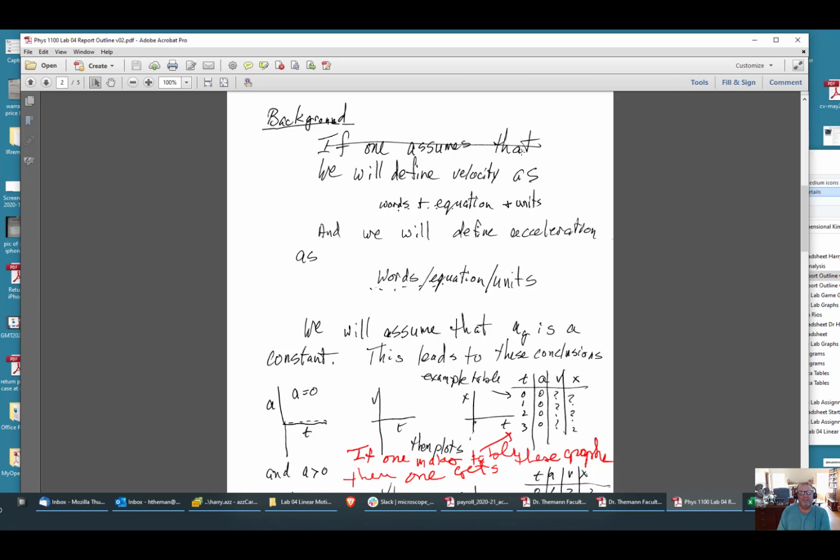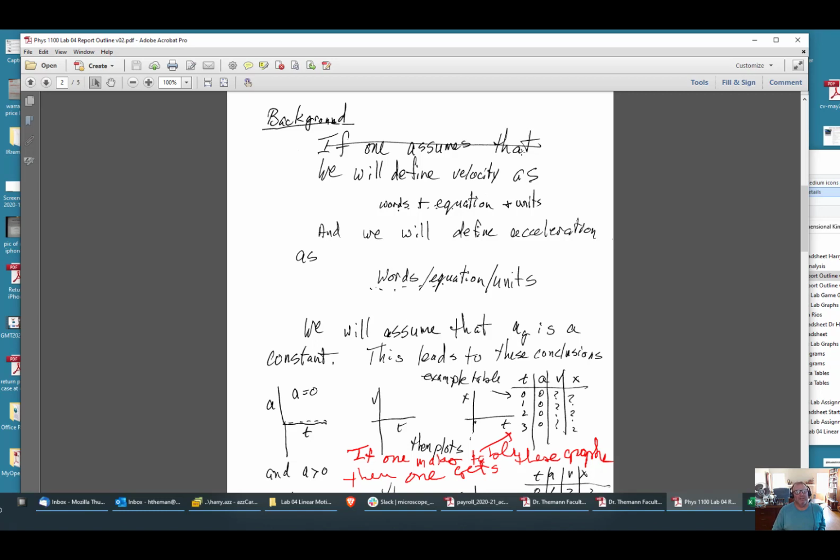Okay, so this is where you say, all right, we will define velocity. What is this? Velocity is meters per second, right? Let's think about what I had in mind when I wrote this. Give me a minute. Meters per second. We define acceleration as the change in velocity, or speed, as it were.